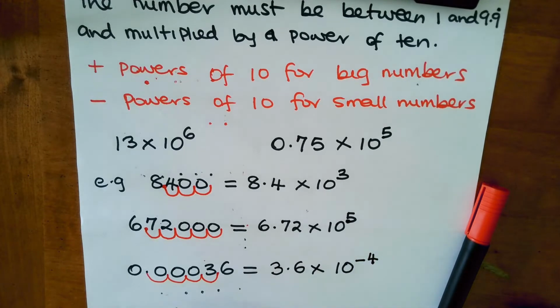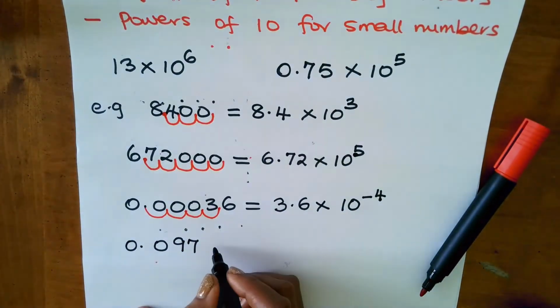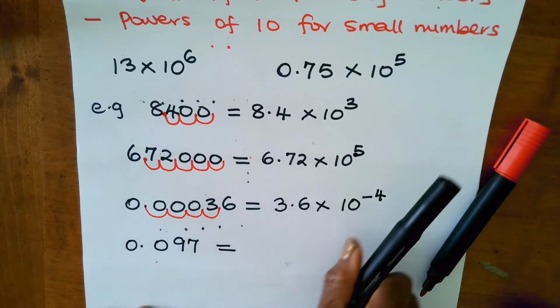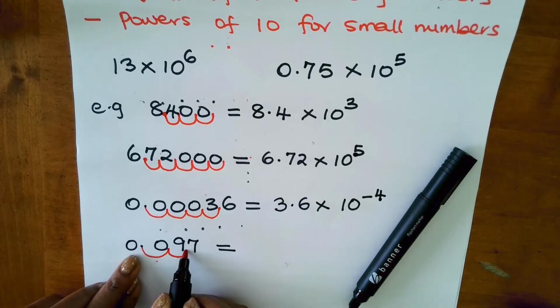It is minus 4 because the number is less than 1. That's why it is minus 4. Now if I have another example, 0.097, changing this to standard form, I'll move this decimal again, 1, 2.